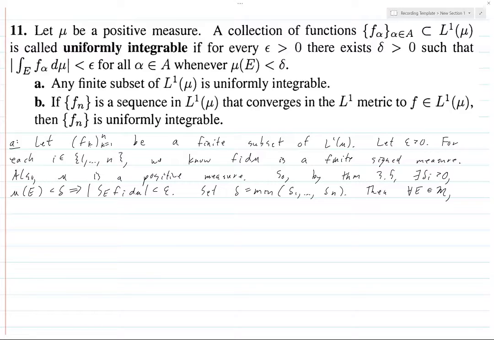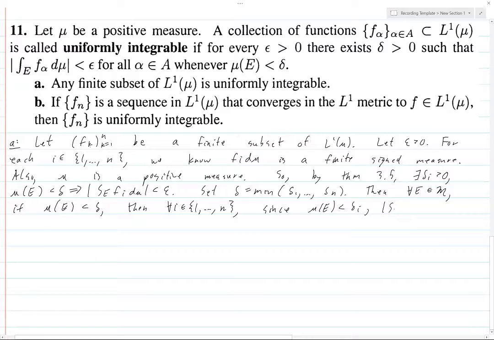So for all E in script M, if mu of E is less than delta, then for all i between 1 through n, since mu(E) is less than delta_i in particular, the integral over E of f_i d mu is less than epsilon.